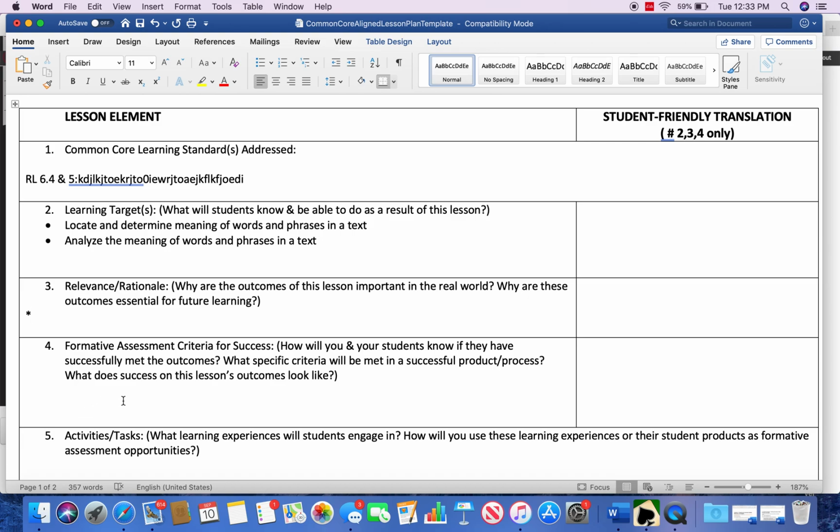Okay, what is the formative assessment? That is the criteria for success. How will you and your students know if they've successfully met these outcomes? This is where you tell me specifically. Number one, I'm going to give them an independent assignment to see if they can manage this on their own.